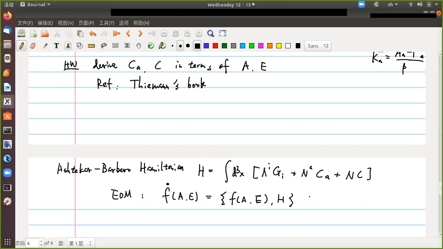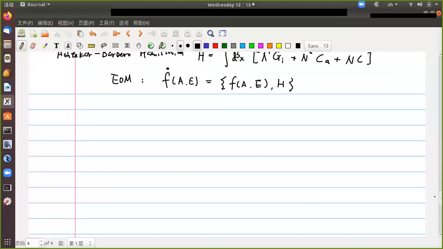All right. So the picture is also similar to ADM formalism. You have the entire phase space in terms of A and E, a new phase space.